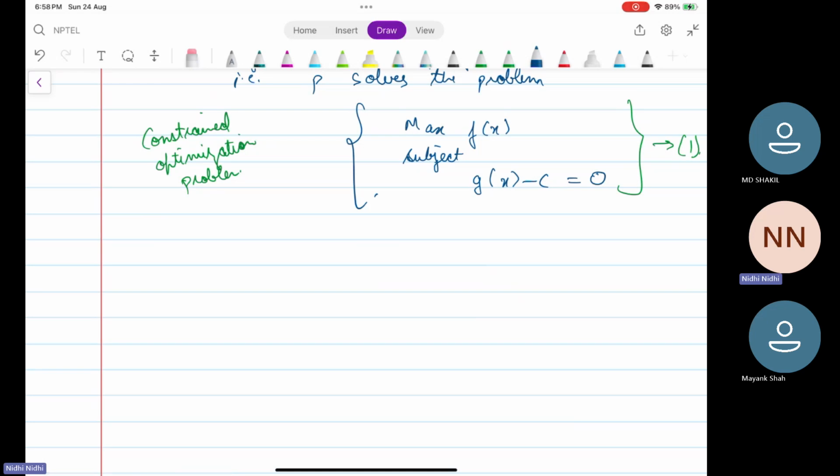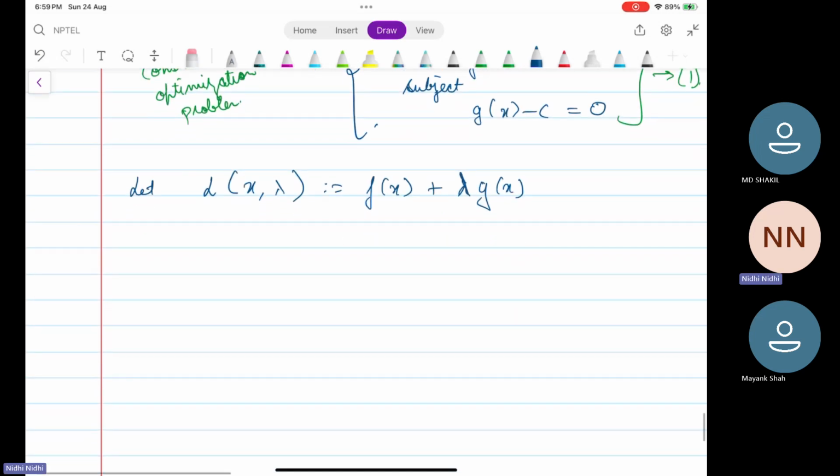Now we define a function L(x, lambda). So we have another variable lambda as well. We define it to be equal to f(x) plus lambda times g(x) minus c.